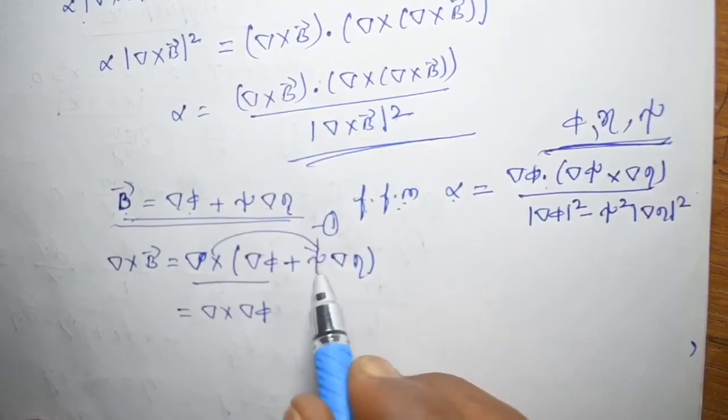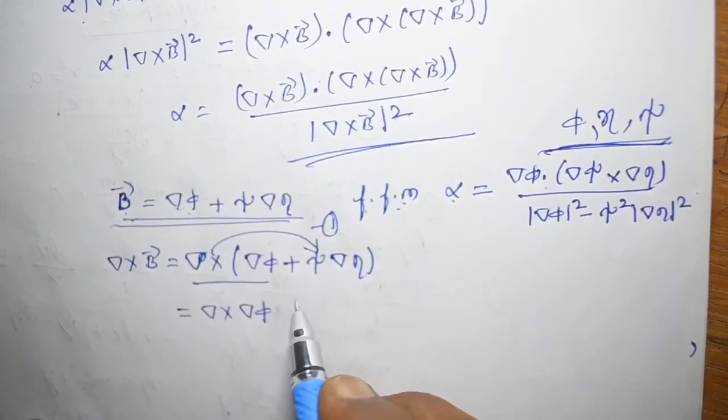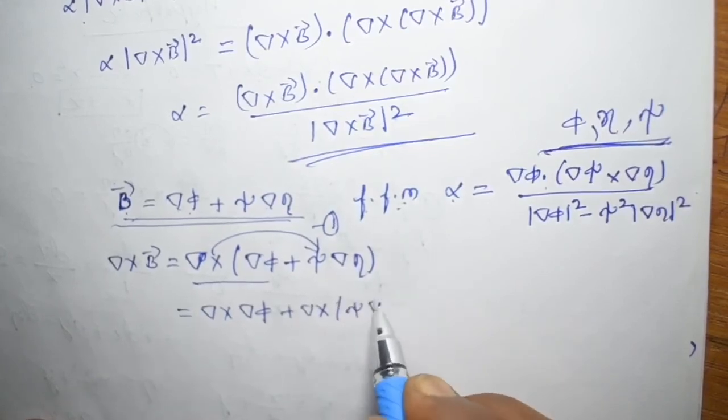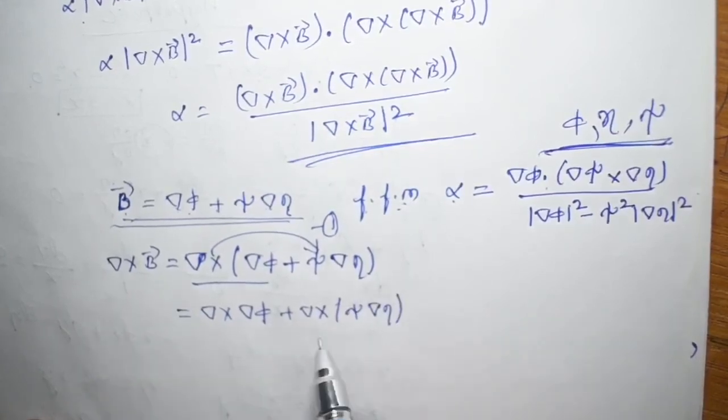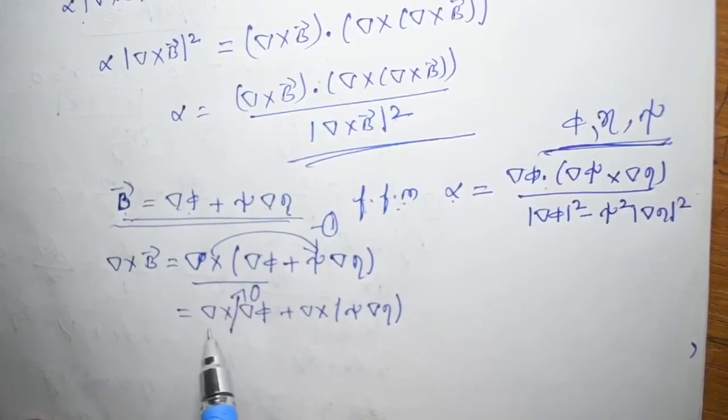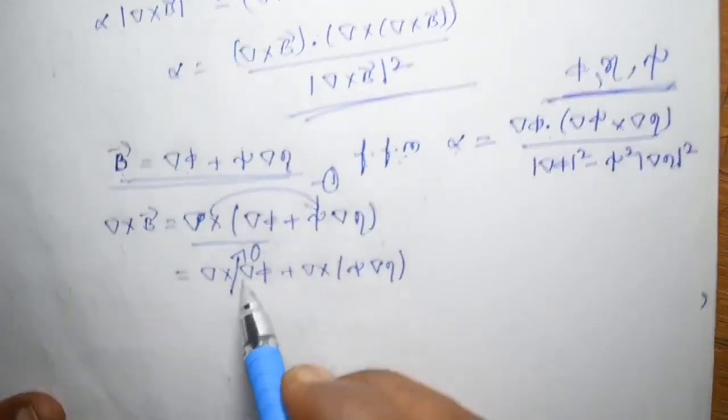So now look here, you can write it as curl of gradient of phi, and upon operating on this you are going to get curl of chi into gradient of eta. What about this term? This term must be 0 because curl of a gradient is 0.